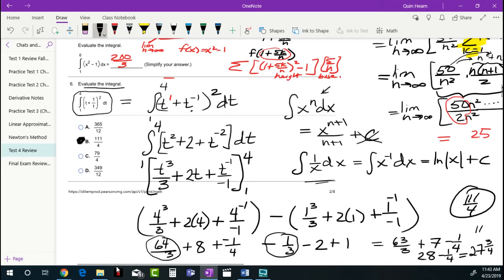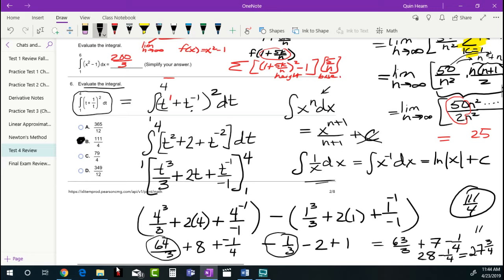Okay, and let's see. I like to combine the ones that have common denominators first. So 64 thirds minus a third is going to be 63 thirds. And then we have 8, and negative 2 is 6, and 1 is 7, plus 7 minus a fourth. Now 63 thirds is 21, so 21 plus 7 is 28 minus a fourth.